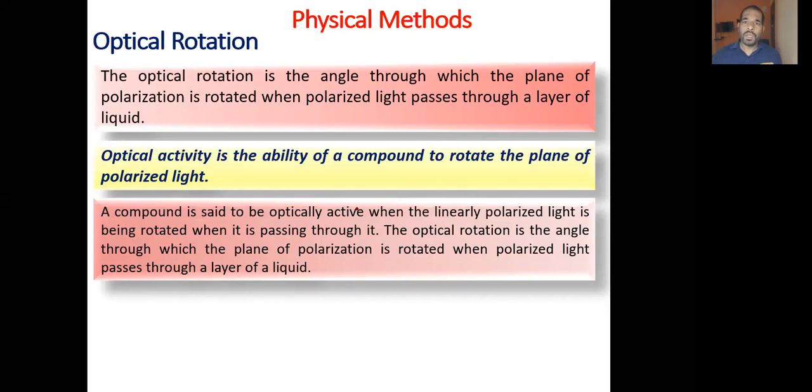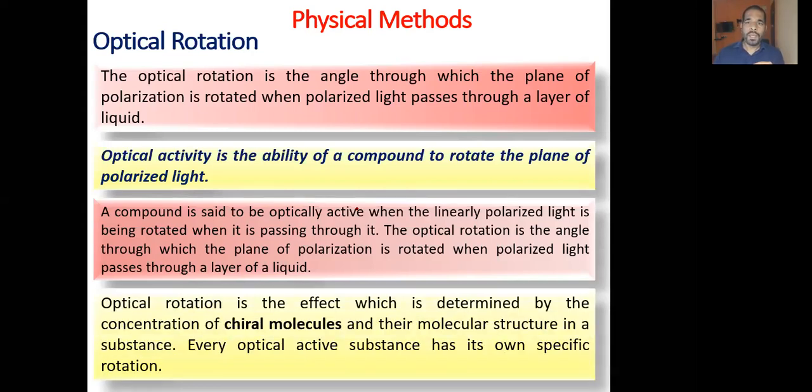Optical rotation is determined by the concentration of chiral molecules and their molecular structure in a specific substance, and every active substance has its own specific rotation. So optical rotation is a property of chiral molecules and their molecular structures.